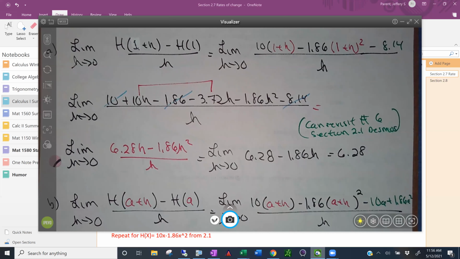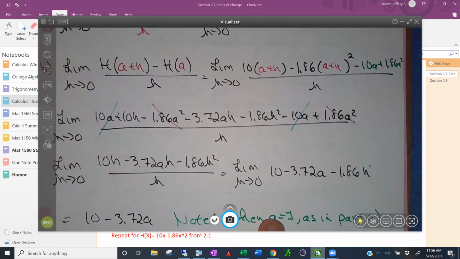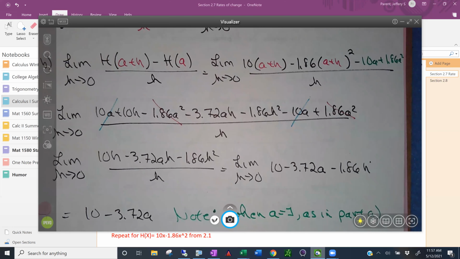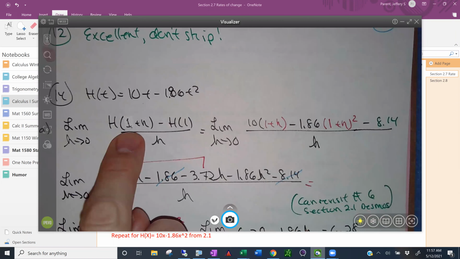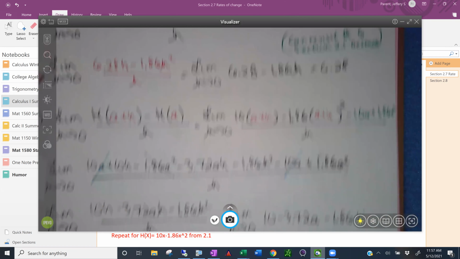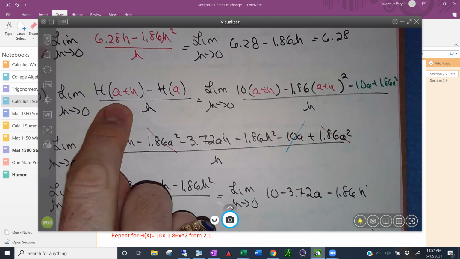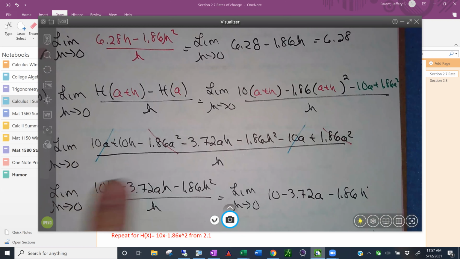The unfortunate part is that if I want to find the slope of the tangent line at some other point, I have to repeat this process. So what we're going to start doing in section 2.8 is, instead of doing it for a specific value of a point like 1, we're going to do it for a general value and run through this calculation with a general value.